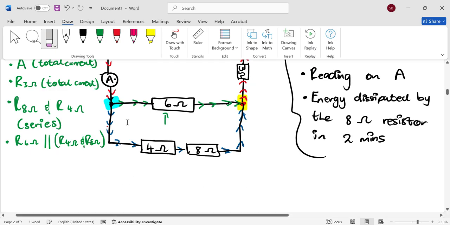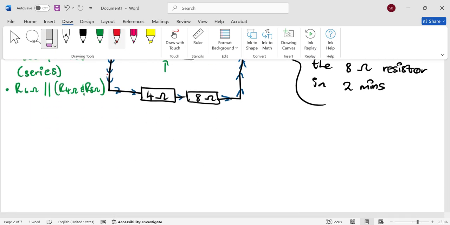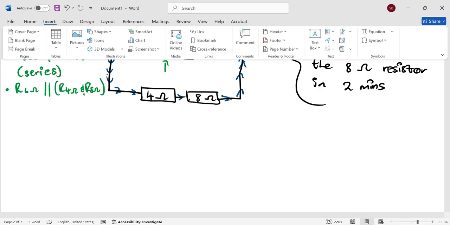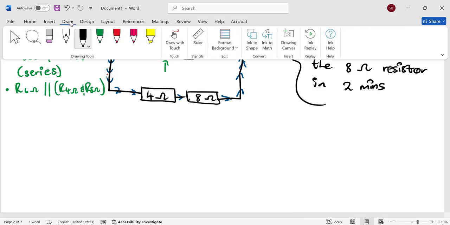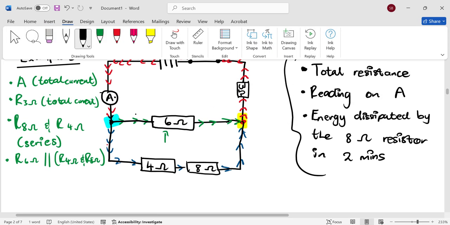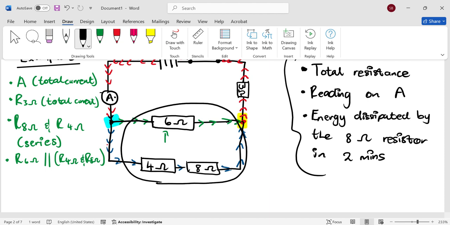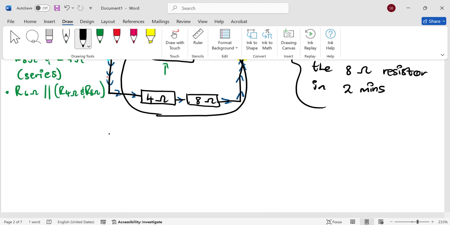So what you would typically see is that these guys here, right? This is how I'm going to take this portion here. This portion here, I will take it and make it one resistor. So let's say I get the total resistance in parallel and I get it as 3 ohms, right? So that's the total resistance in parallel.